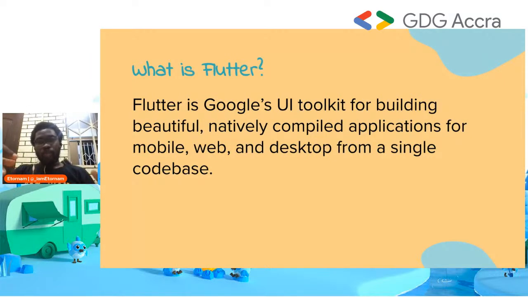You don't have to manufacture all those things. That's what Flutter is. It's a toolkit, so it already has some things built in, like the button, your text, and various things that you need to build your applications. You don't have to build it from scratch or from the ground up.